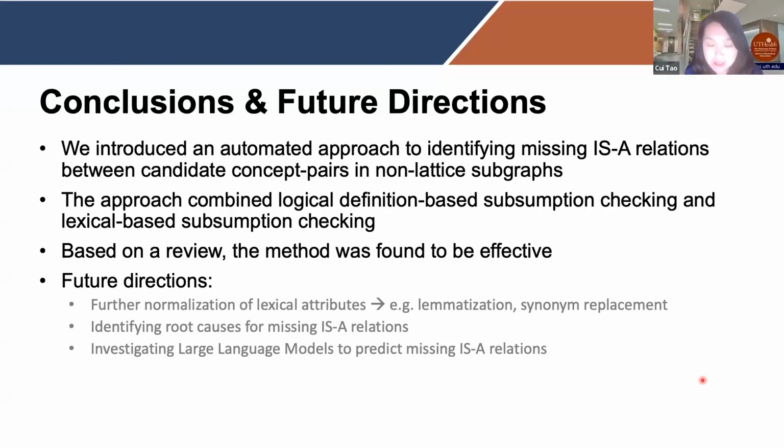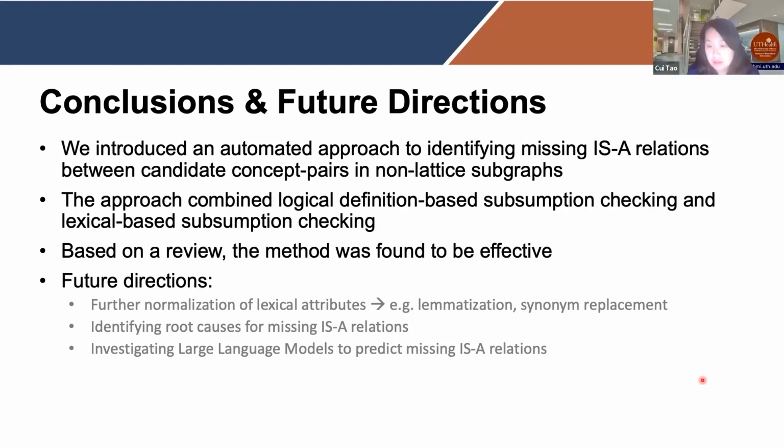Yeah, Rashmie, I also have a question for you. You mentioned the large language models can play a role here. I'm just curious if you have done any work in that direction, and maybe you can elaborate a little bit, because I think this is a really emerging direction. So we haven't actually done much experimentation here. We've tried providing these models with just the two concepts and asking them to predict the is-a relation without any prompt tuning or anything.